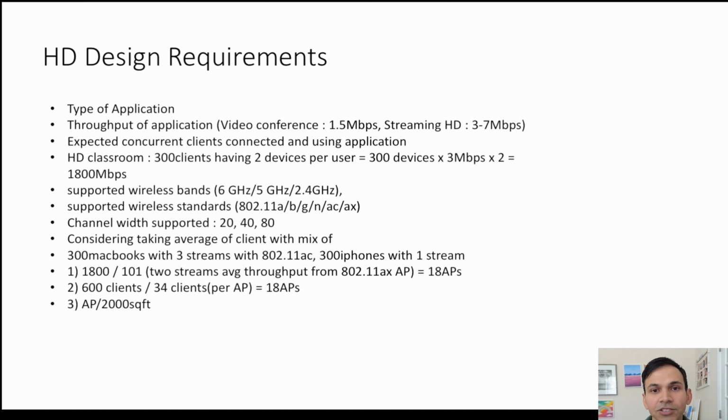Or considering a 6 gigahertz design, depending upon the channel width you want to achieve, it could be anywhere between 1600 square feet to 2200 square feet. I would prefer about 1800 or 2000 square feet to have that channel assignment and power level. And this is considering high density indoor wireless.